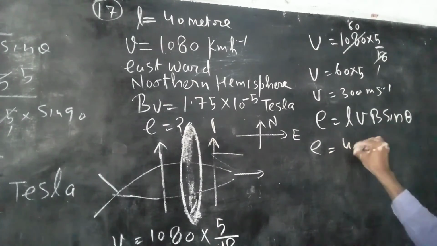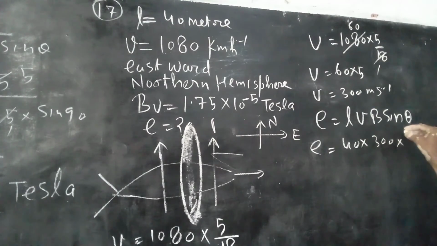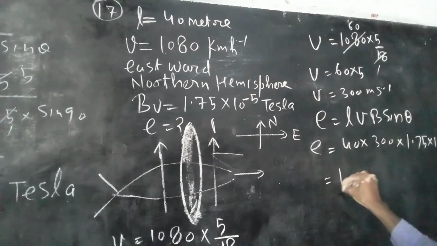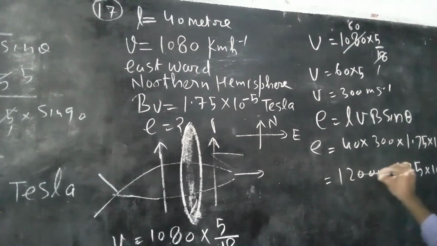L is 40, speed is 300, and the vertical component of the magnetic field is 1.75 into 10 raised to the power negative 5. Since it is the vertical component, theta is 90 degrees, sin 90 is 1. So multiply: 12,000 into 1.75 into 10 raised to the power negative 5 into 1.